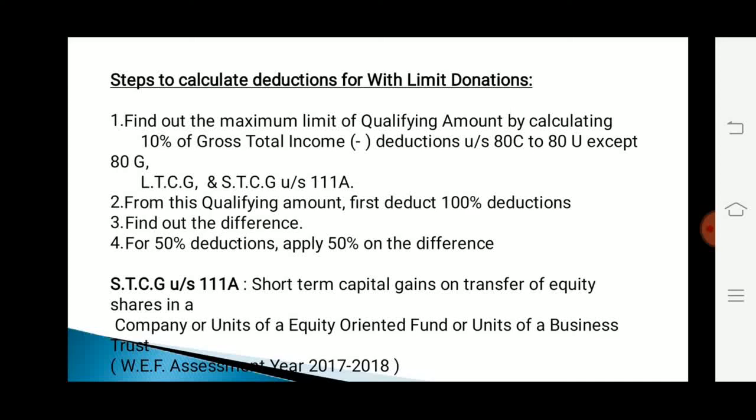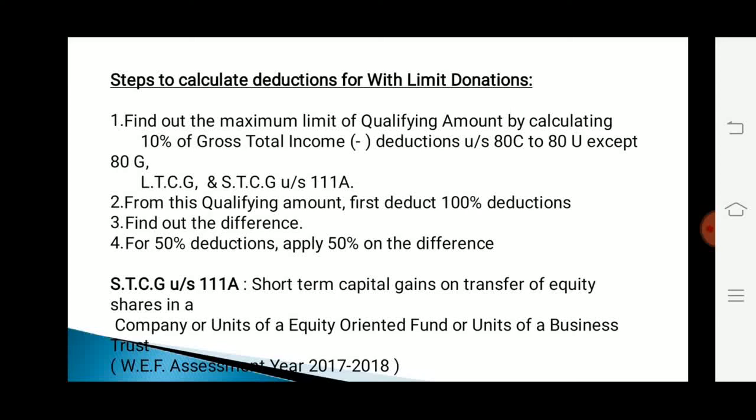Next, from this qualifying amount, first deduct 100% deductions. The third step is to find out the difference. The last step is for 50% deductions: apply 50% on the difference.